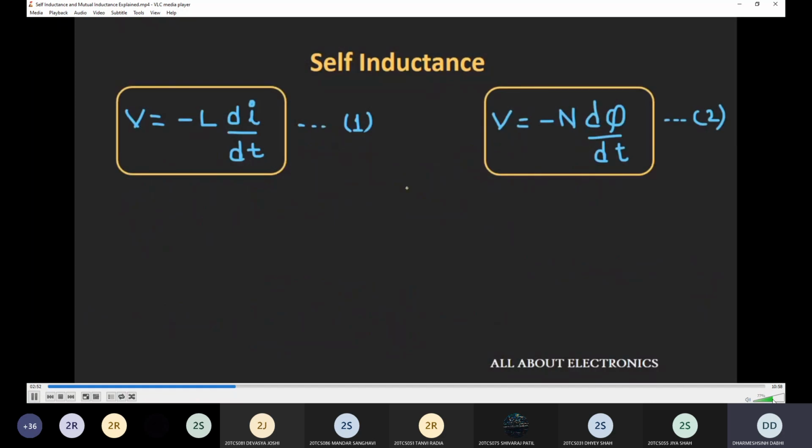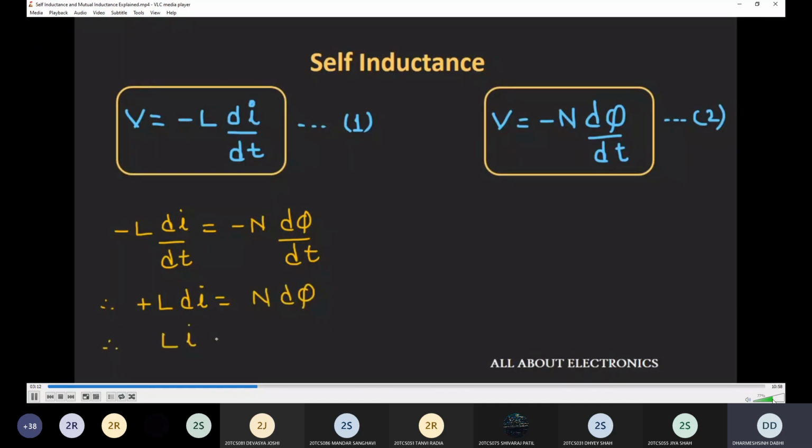So here we got two equations. Let's compare these two equations. We can write minus L di by dt equals minus N d phi by dt, or L di equals N d phi.